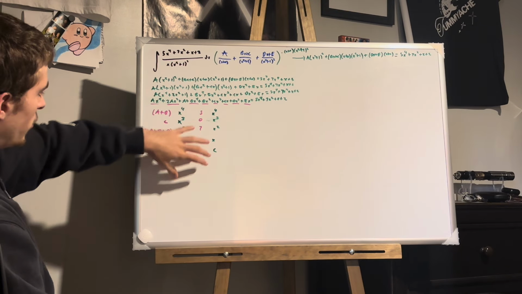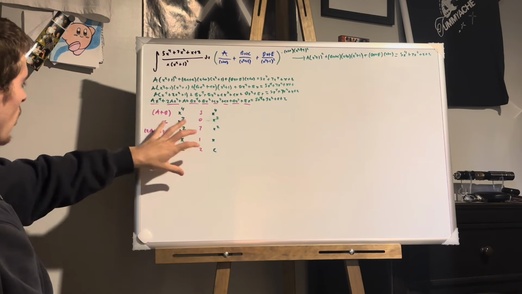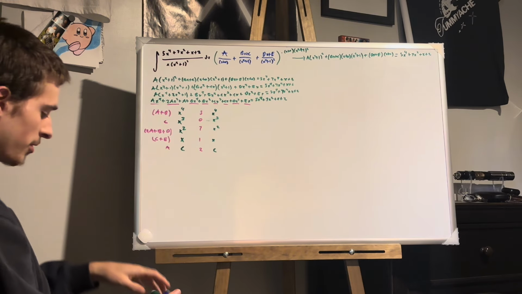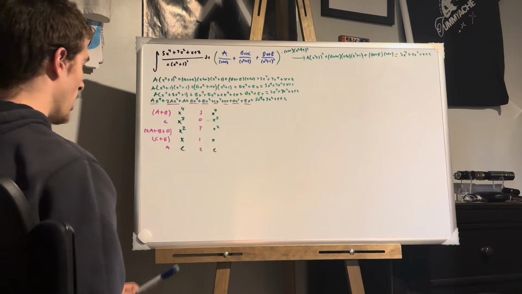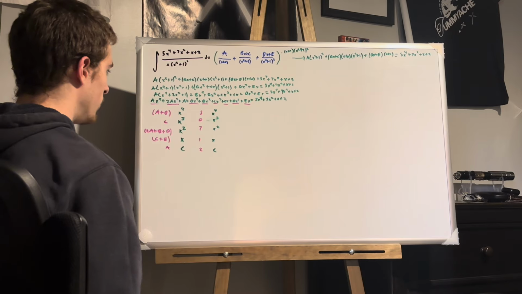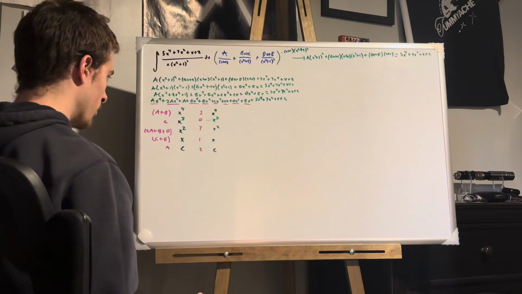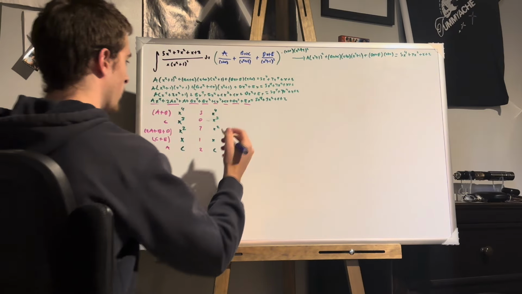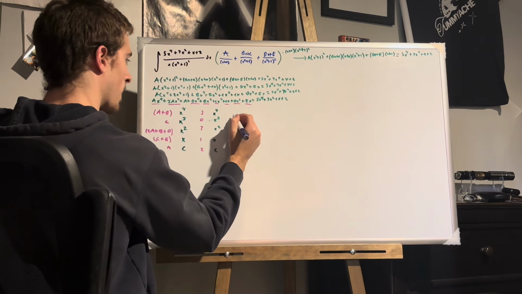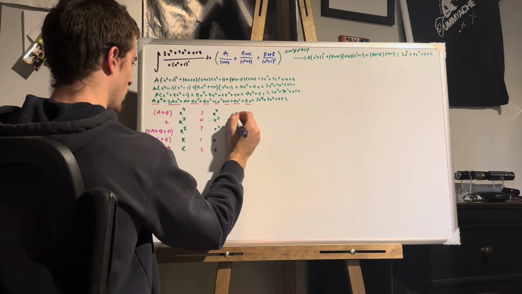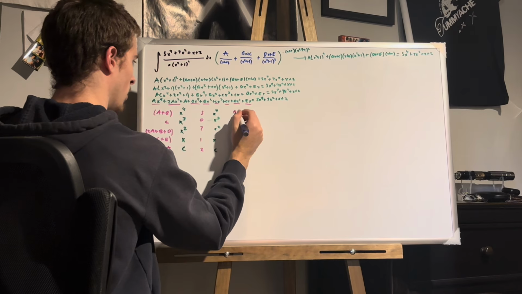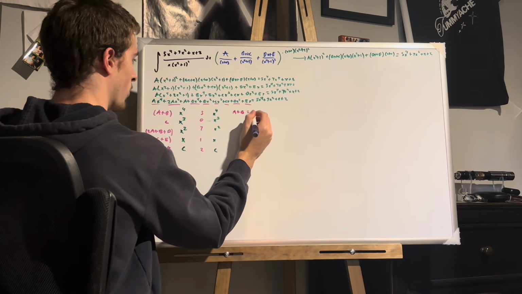So what we're able to do now that we factored out all of our things for the certain powers is set them equal to the other side. And so what that looks like is a plus b equals 5.